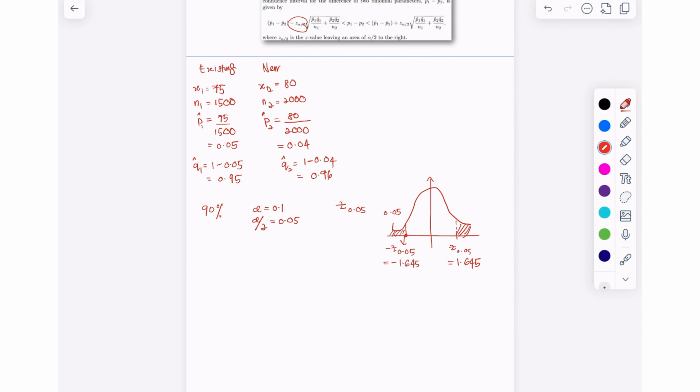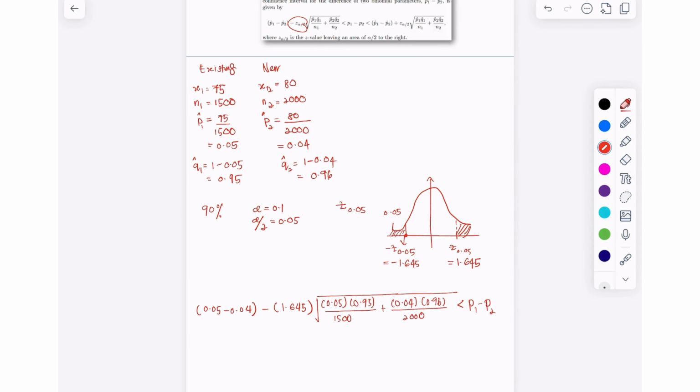So P1 hat minus P2 hat is 0.05 minus 0.04, minus Z alpha over 2, that is Z 0.05, which is 1.645, multiplied with the square root of P1 hat multiplied by Q1 hat, that is 0.05 multiplied by 0.95 divided by N1, where N1 is 1500, plus P2 hat multiplied by Q2 hat, where P2 hat is 0.04 multiplied by 0.96 divided by 2000. This is less than P1 minus P2.